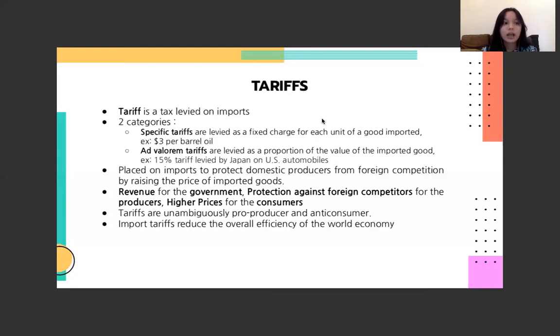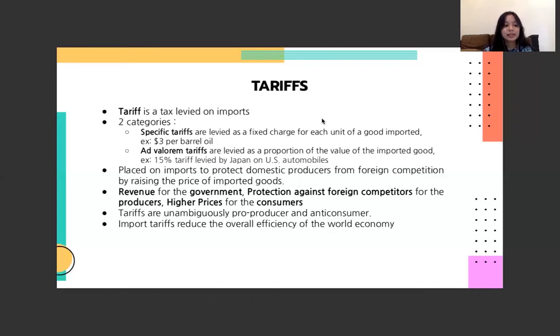For example, a study by Japanese economists calculated that tariffs on imports of foodstuffs, cosmetics, and chemicals into Japan cost the average Japanese consumer about $890 per year in the form of higher prices. Almost all studies find that import tariffs impose significant costs on domestic consumers in the form of higher prices.